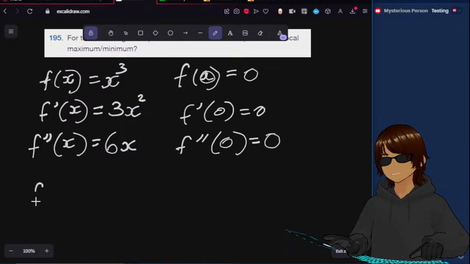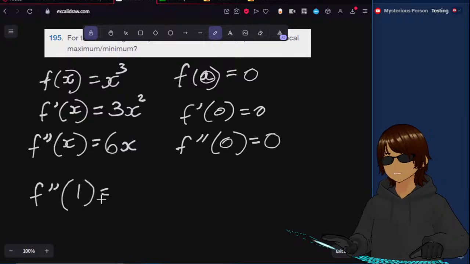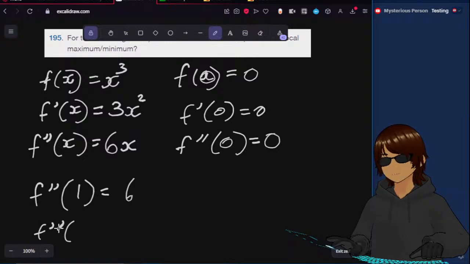Now the double derivative, wait, hold on. At 1, and then the double derivative at -1 is -6.